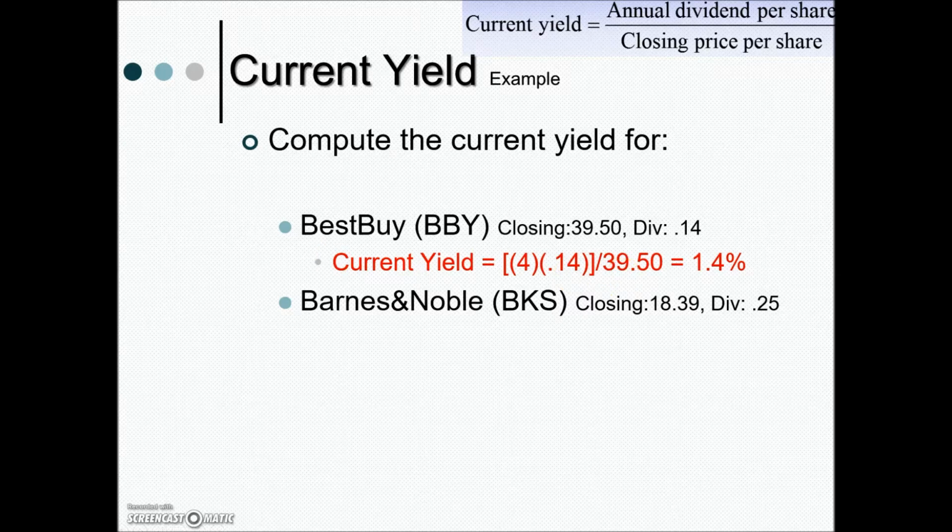How does Barnes & Noble stack up? They're giving a quarterly dividend of 25 cents, but their stock price is substantially lower. So what does that do in terms of the current yield?